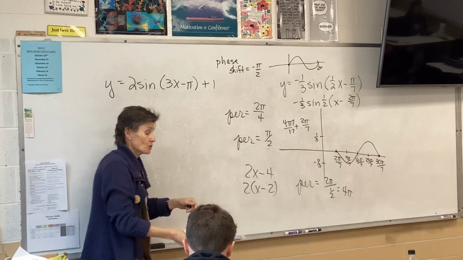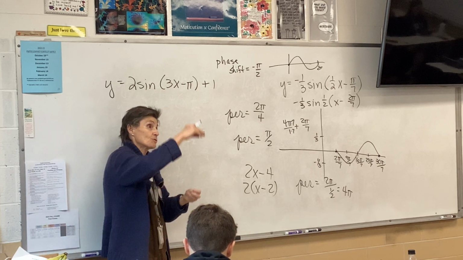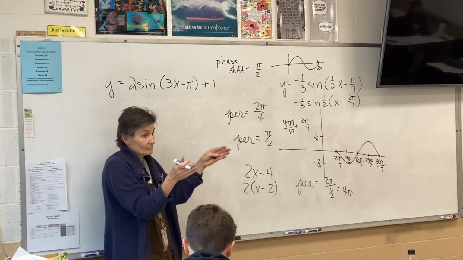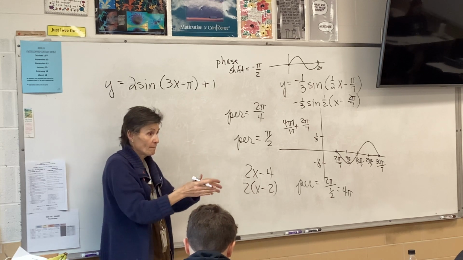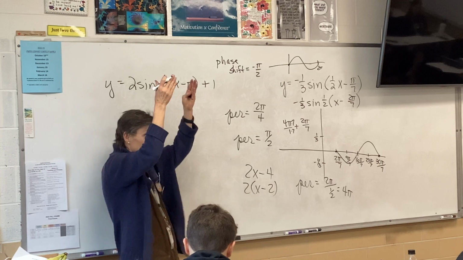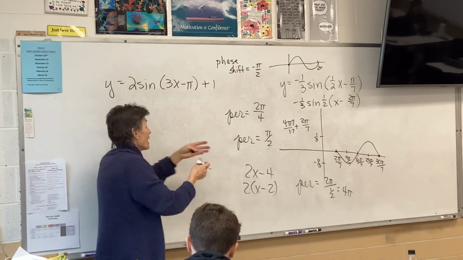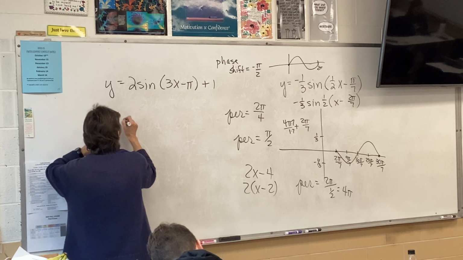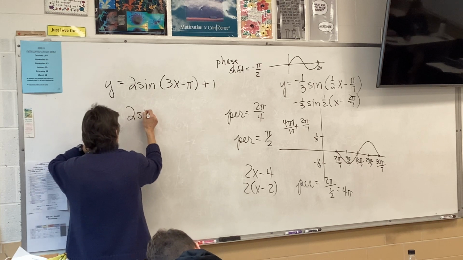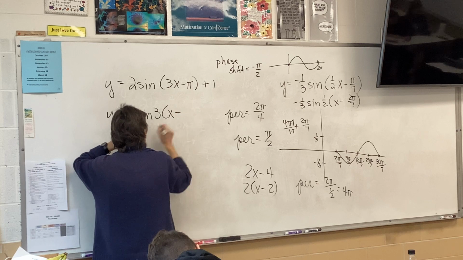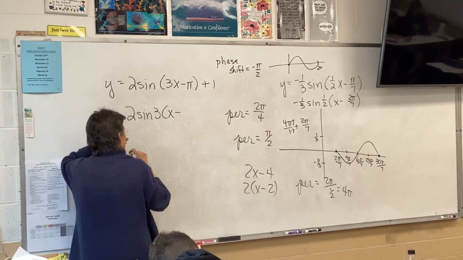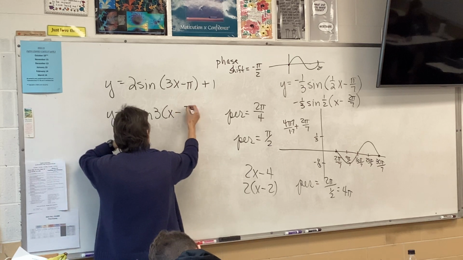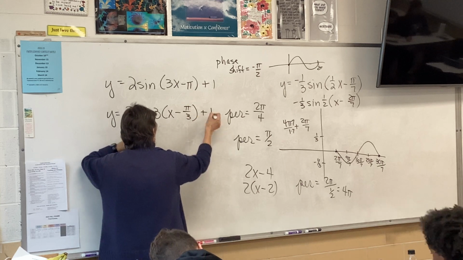So this picture has been stretched, shifted this way, and lifted or lowered, right? Lots happening. All right, so here we go. What's the first thing we have to do? Move the 3 out. And that will leave me with x minus pi over 3, right? 1/3 pi or pi over 3.